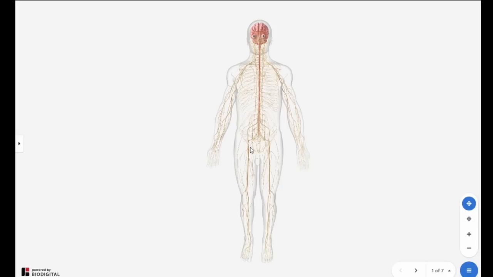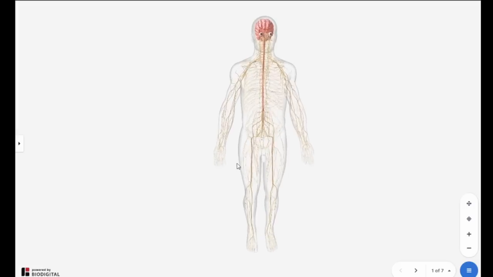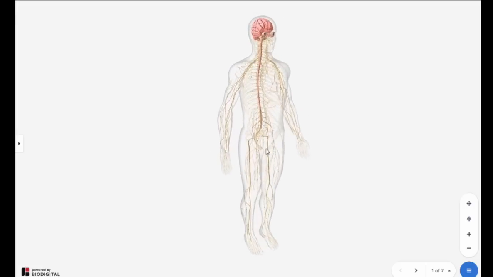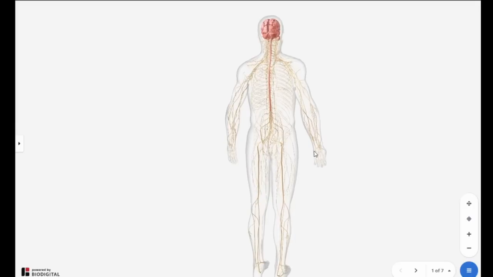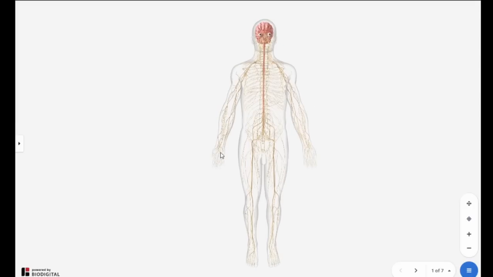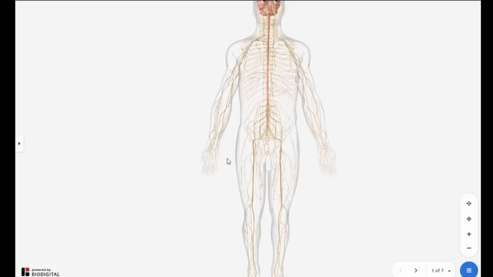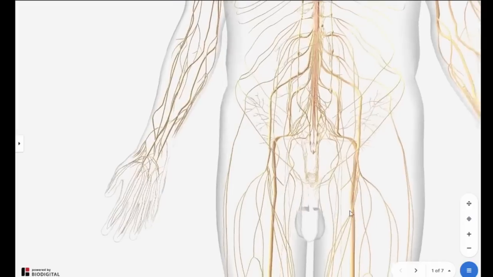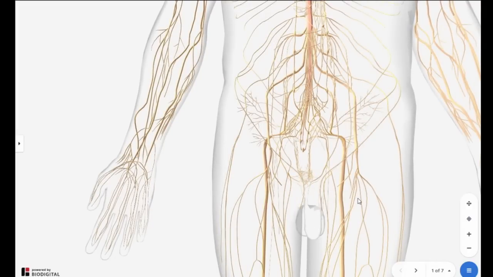As you can see, the nervous system has its parts connected to all parts of our body. So it has nerves that are connected to the hands. It has nerves connected to our reproductive system, which we have just discussed last time.